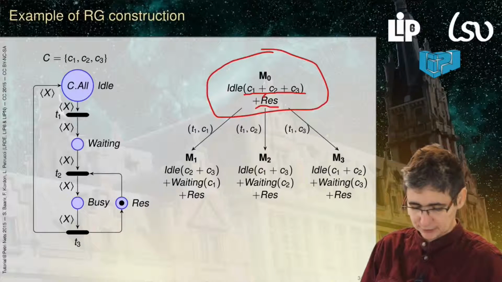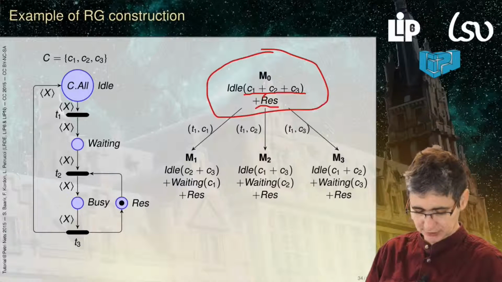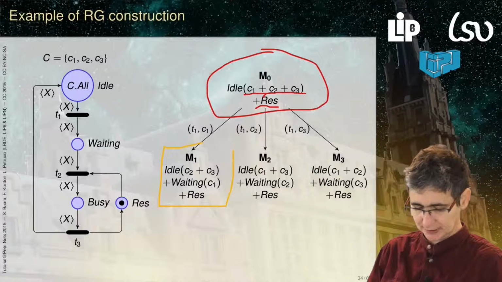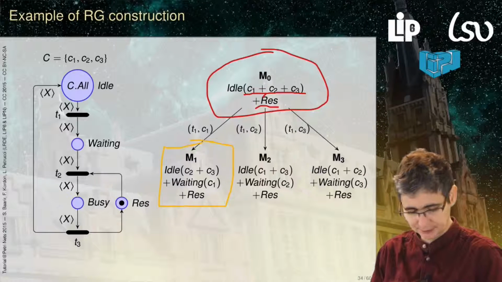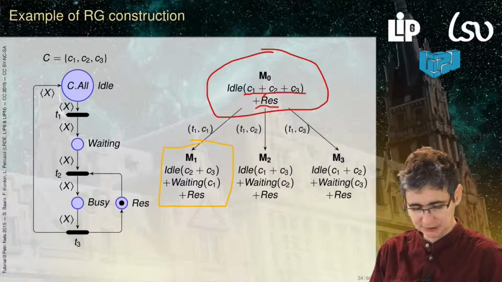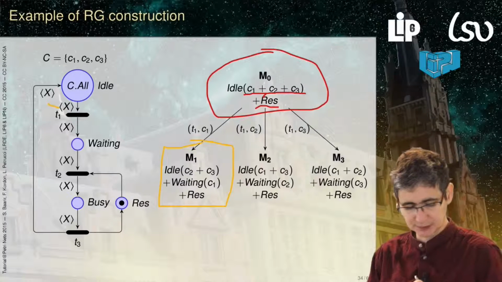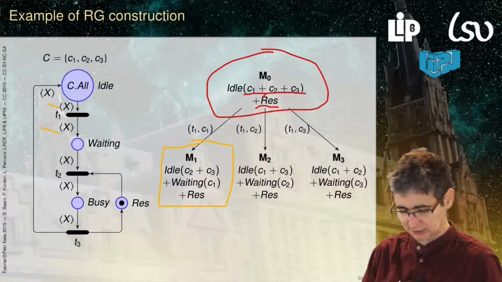So you take the first one, T1, C1, and you generate a new marking M1 here. This new marking is obtained by firing T1 with color C1. Therefore, you take C1 from place idle and you put C1 in place waiting.